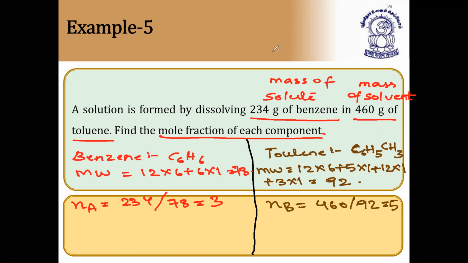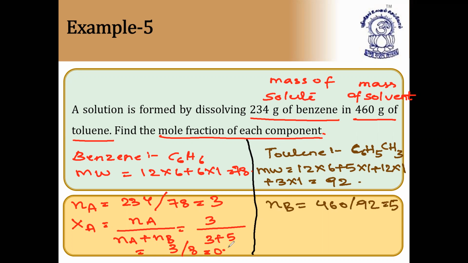Now, first we find mole fraction of A, which is equal to N of A by N of A plus N of B, that is 3 by 3 plus 5. So it is 3 by 8. 3 divided by 8, you'll get 0.375. Similarly, mole fraction of B. Automatically, if you get mole fraction of A, mole fraction of B is 1 minus 0.375.